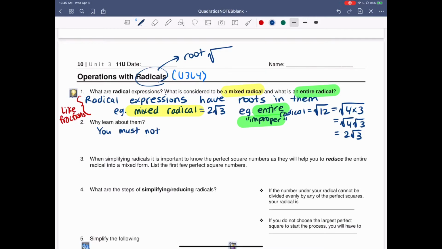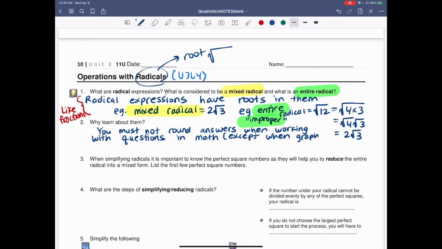So you must not round answers when working with questions in math, except when graphing.